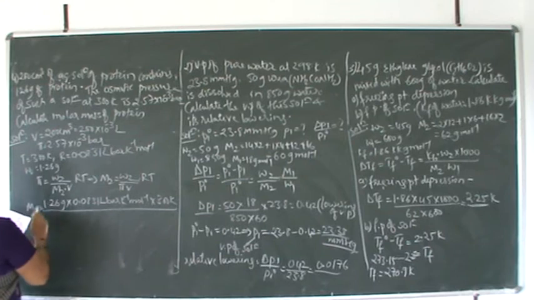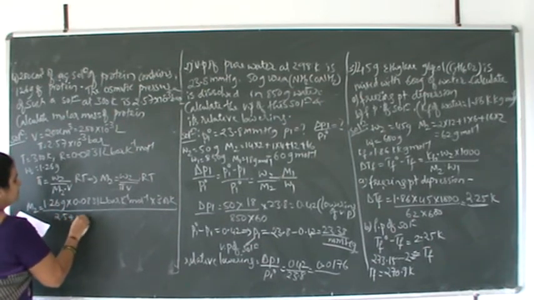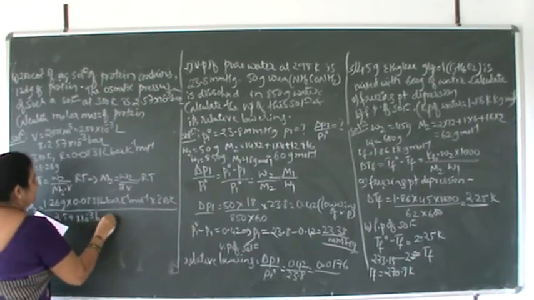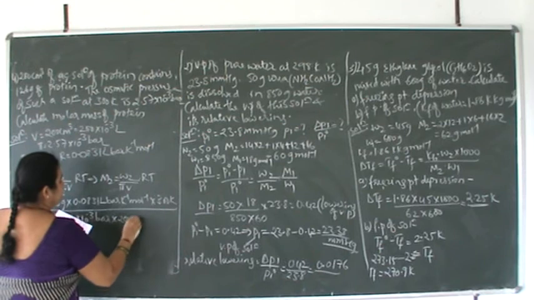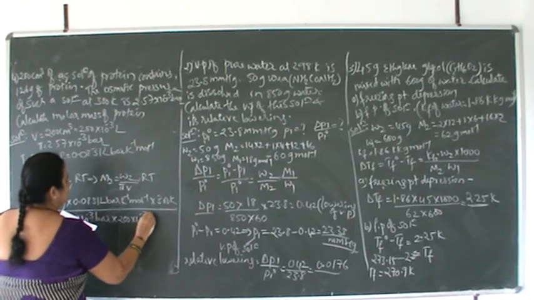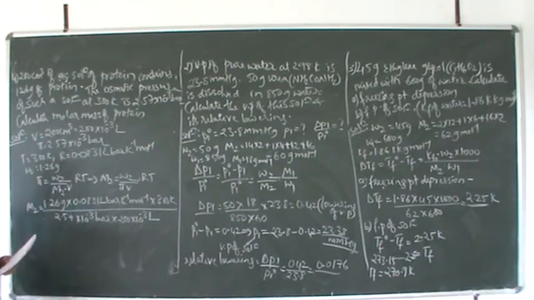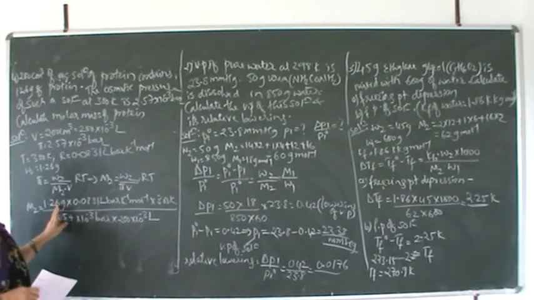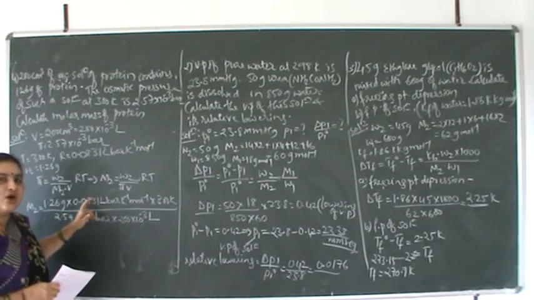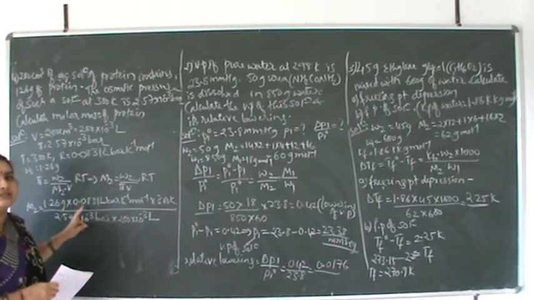We have to calculate pi, which is 2.57 into 10 raised to minus 3 bar, into V, which is 200 into 10 raised to minus 3 liters. So in the problem, just apply the terms with units so that you are not deciding the unit of the problem.